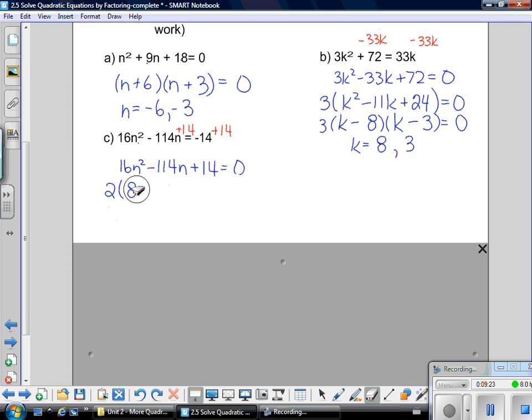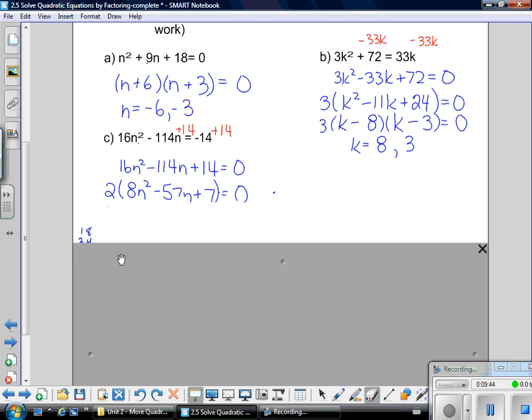So that would be an 8n squared, this would be 57n, and 2 goes into 14 7 times. Okay, so it's still a complex trinomial. So it means I have to do some work here.